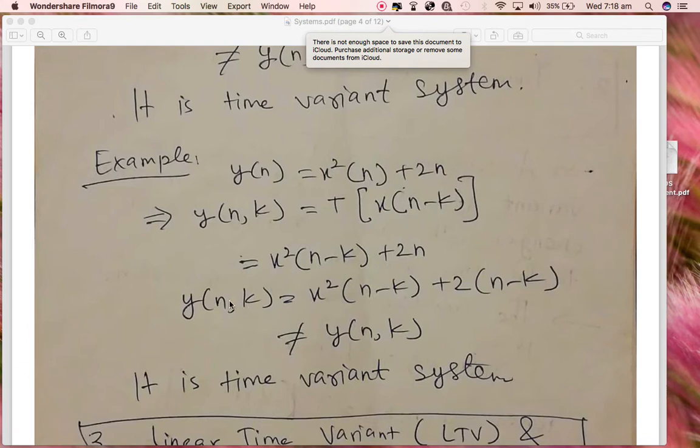So when we calculate y(n-k), then we will be replacing all the values of n with n-k. Then this is the answer, which is not equal to the left hand side equation. So we can say this is a kind of time variant system.